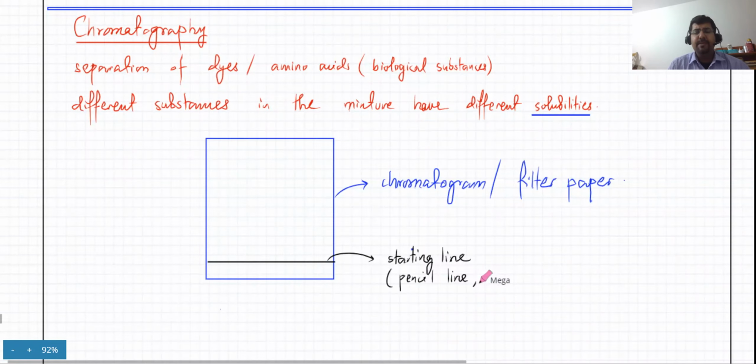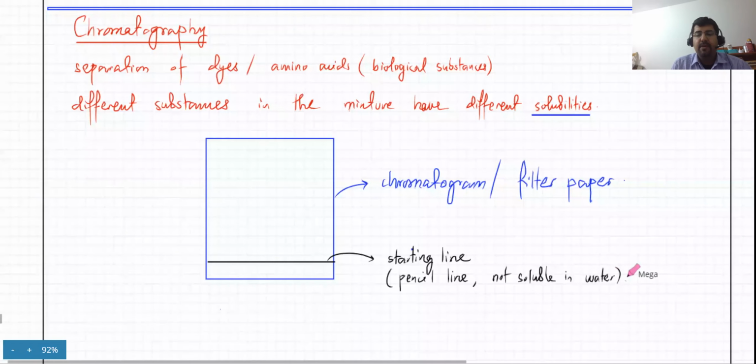And the reason you draw it with a pencil is, and you'll be asked this question in your exams as well, that a line made out of pencil isn't going to get affected by water or any solvent. So it's not soluble in water, for example.